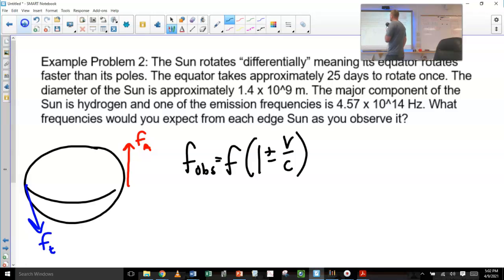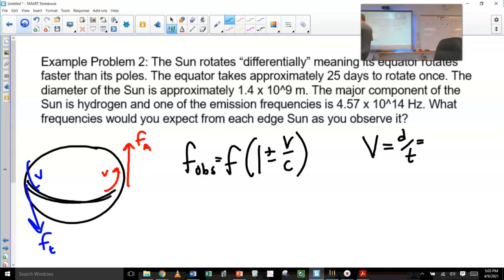So our first order of business is figuring out how fast this is traveling. What's the velocity of that equator? My velocity is distance divided by time. And it's not that straightforward. The distance that it travels is a circumference. So this sun, it's a circle.